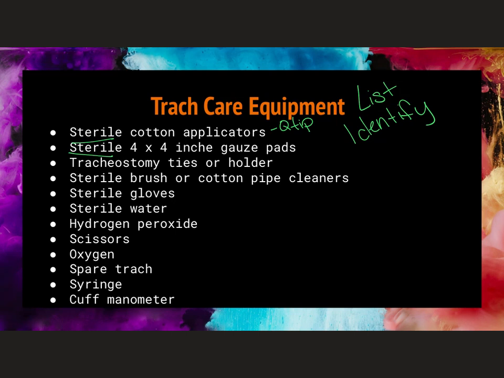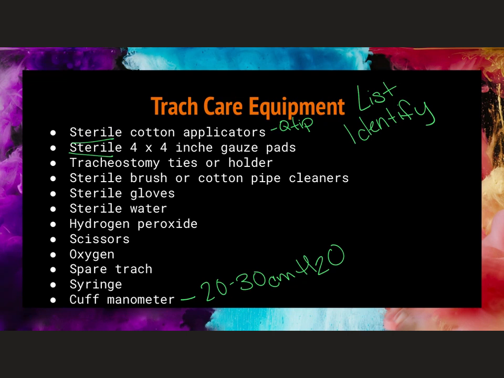We always have a spare trach, a syringe, and a cuff manometer. So remember, we want that pressure to stay between 20 to 30 centimeters of water pressure. And oxygen, I didn't mean to skip that one.